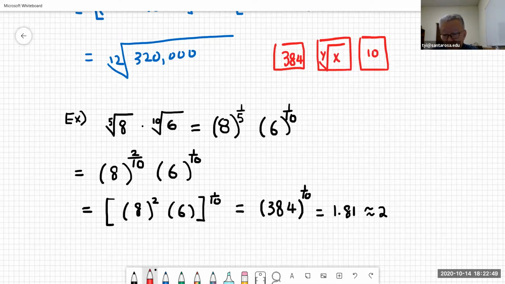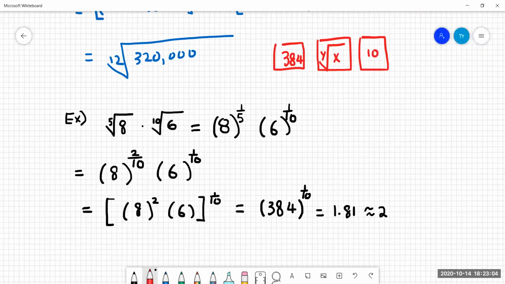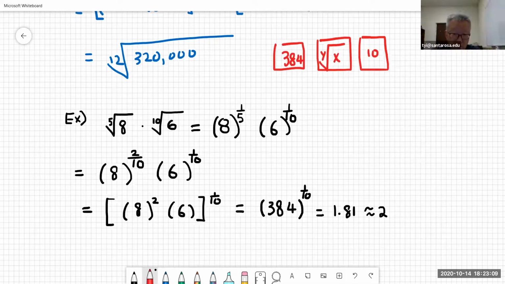Because if you want to do this, like, 2 to the, okay. What did you get? 3 point something? 6 point something? 6.97, yeah. That's kind of weird. Huh. I'm not sure. Yeah, it's gonna be like 1.85, 86, 87, something like that.